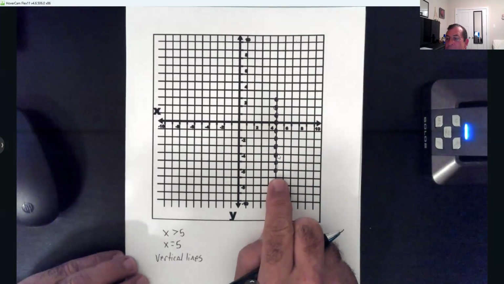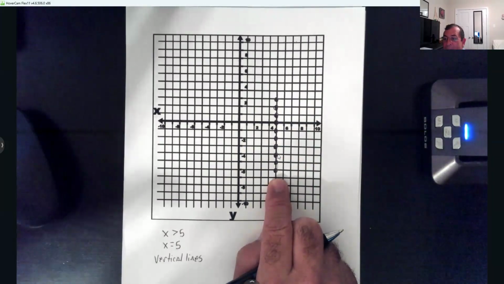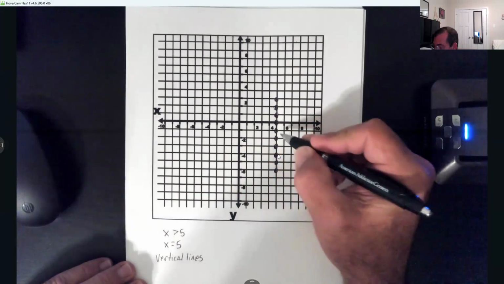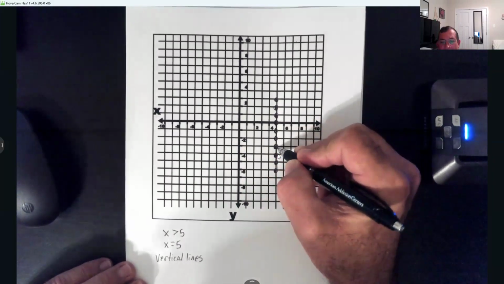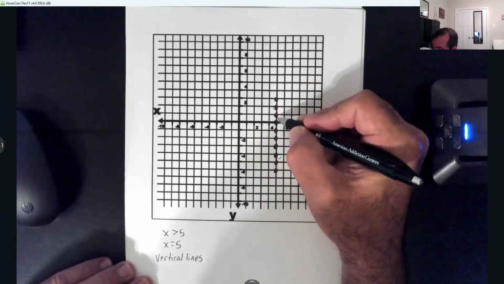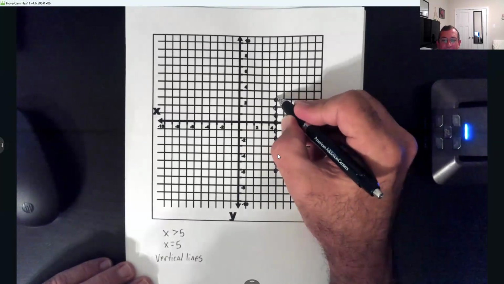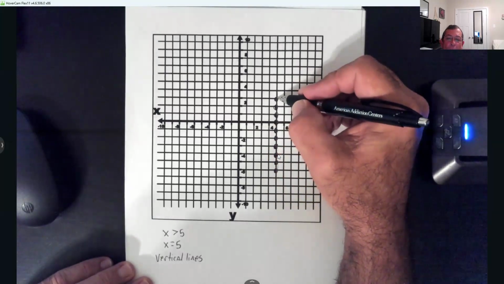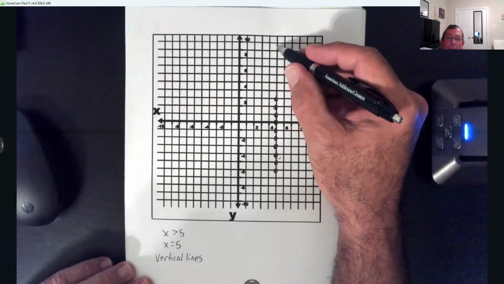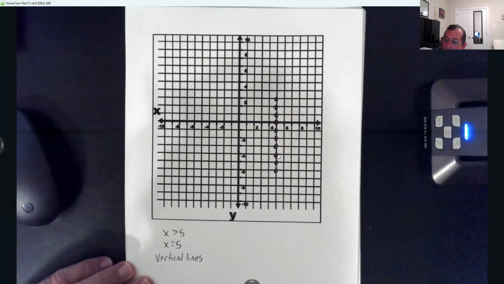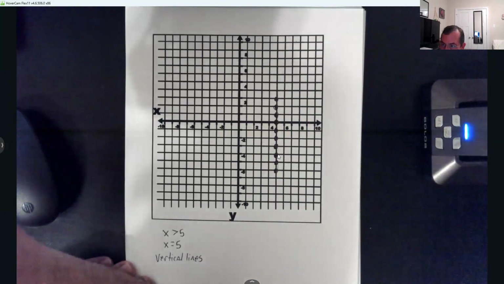All these have an X value of 5. Right? This is (5, 0), (5, -1), (5, -2), (5, -3). Going the other way, (5, 1), (5, 2), (5, 3). No matter what, any point on this vertical line has an X value of 5, okay?